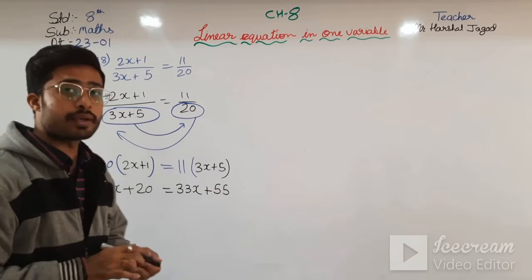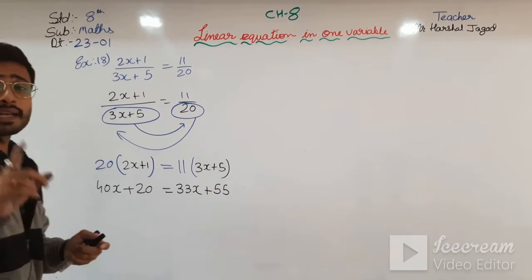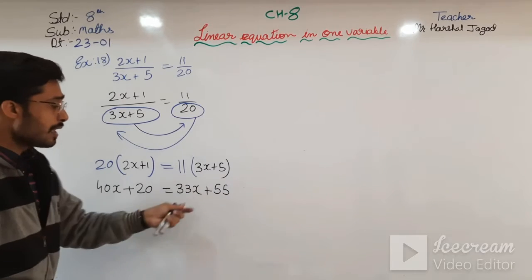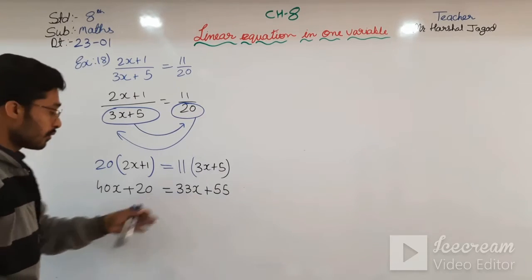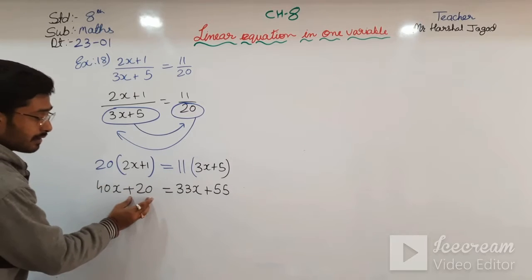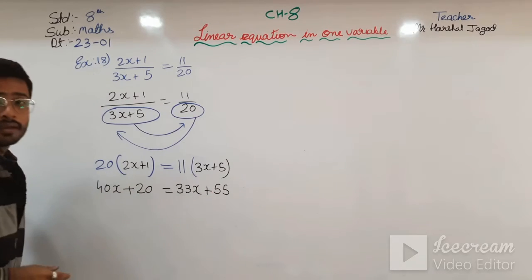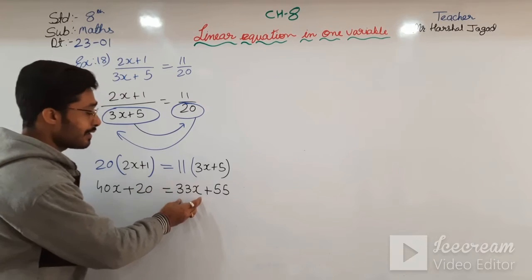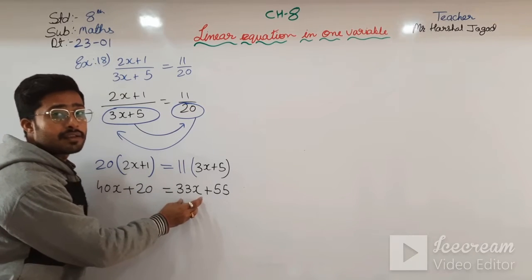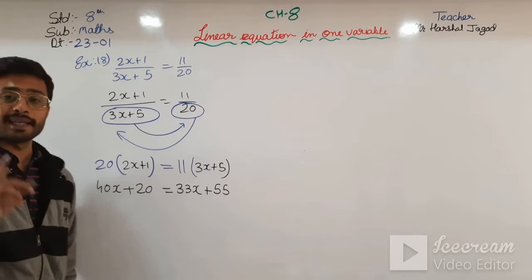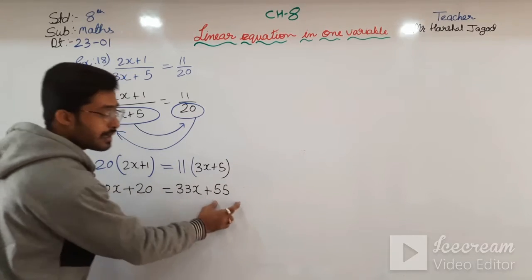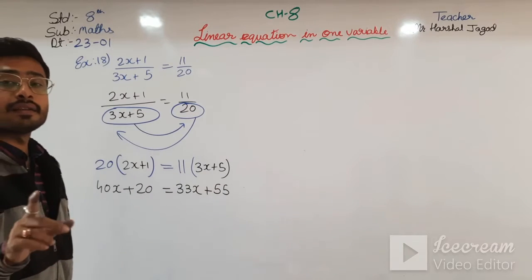So here you can see the like terms are 40x and 33x. What I will do is take this 33x towards this side and this term towards the other side. Are you understanding this, students? This 33x is plus 33x. When it comes towards this side, it becomes minus 33x, and this plus 20, when it goes towards this side, becomes minus 20.